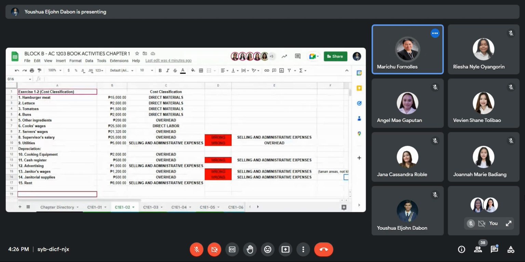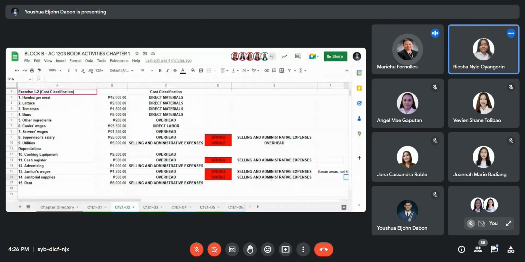But if the factory or the plant is located in another location and the main office is also in another location, so possible nga ang admin nga building girentahan, ang factory or the warehouse in a separate location is also rented, then pwede man nga the factory rental will be charged to overhead, while the rental sa office, sa admin nga building, will be charged to general and administrative expenses.